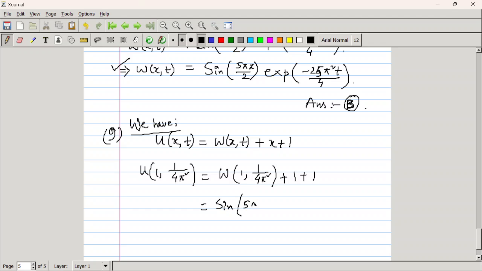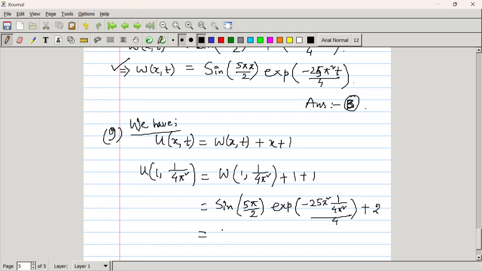That gives sine of 5 pi by 2 into exponential of minus 25 pi square into 1 by 4 pi square by 4, plus 2, since 1 plus 1 is 2.